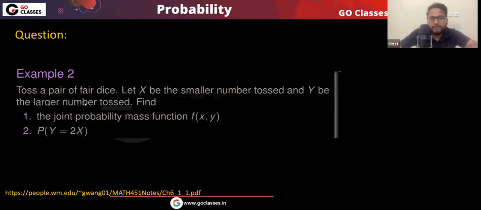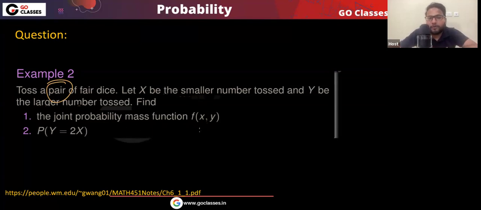So what they're saying, toss a pair of fair dice, right? Let x be the smaller number tossed and y be the larger number tossed. So you're tossing a pair. Let's suppose that whatever is the smaller number, that is x, and the larger number is y.